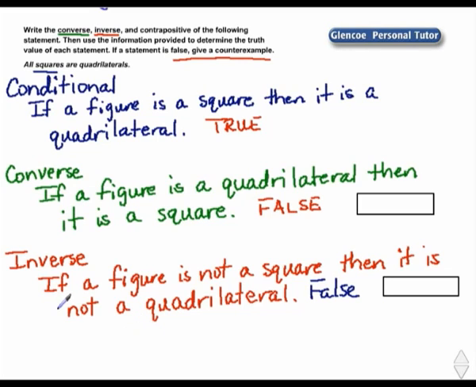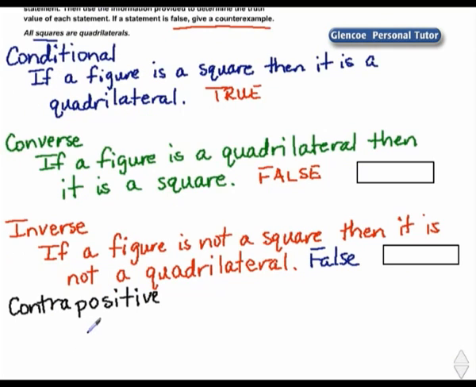Okay, our last statement is the contrapositive. And the contrapositive is where we take the converse and again make it negative or put in not. So it would read like this.